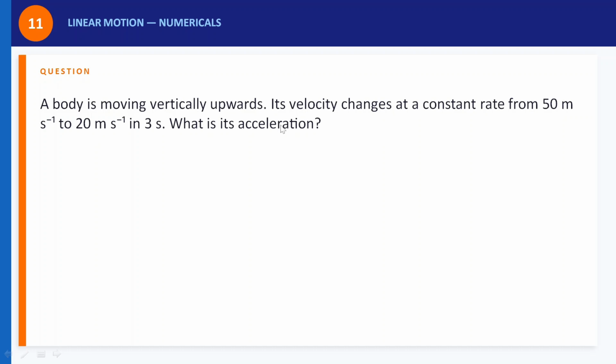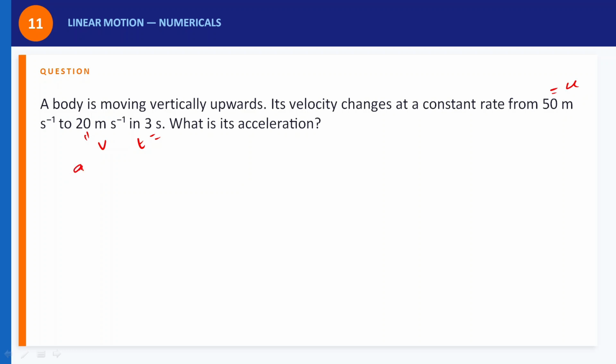A body is moving vertically upward. Its velocity changes at a constant rate from 50 meter per second to 20 meter per second in 3 seconds. What is its acceleration? This is the initial velocity, final velocity, and time.